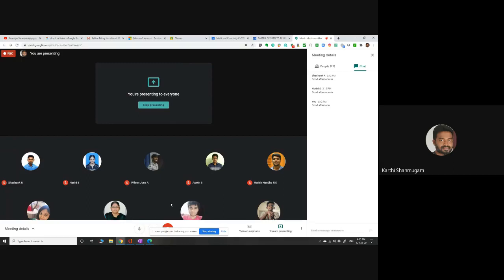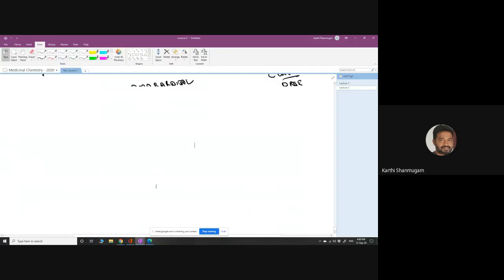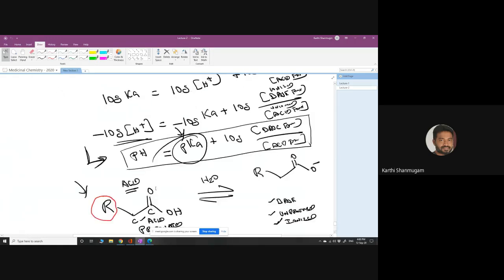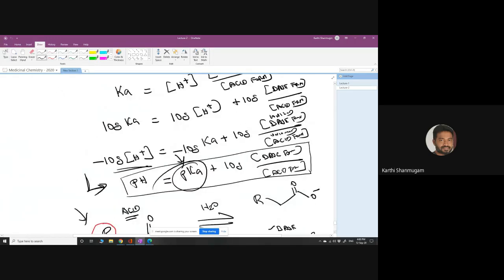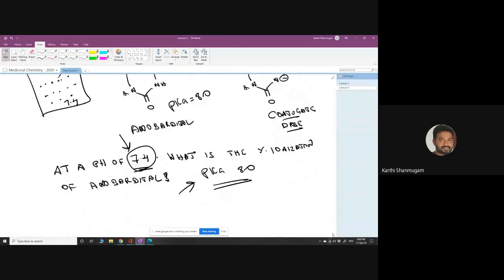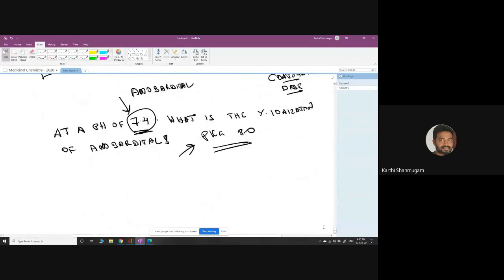Anybody trying? Yes, sir, 1 minute. So simple, right? Everyone can try. You just have to substitute the values of pH and pKa in this equation. That's all. Just tell me the answer. How many of you are able to solve? What I need exactly is the percentage of ionization. I hope you know the meaning of percentage.